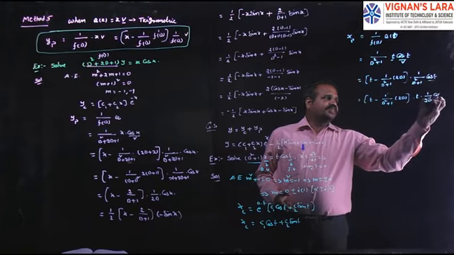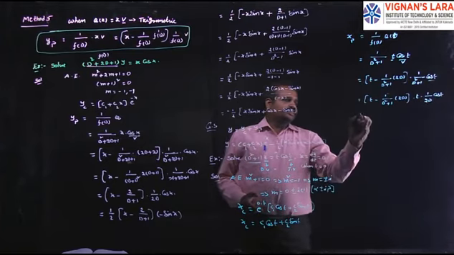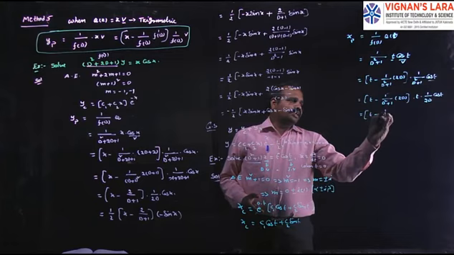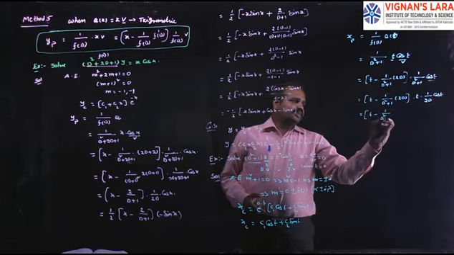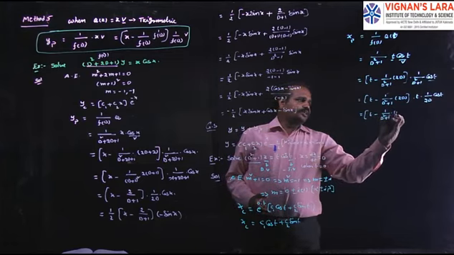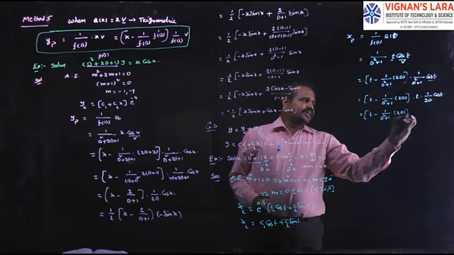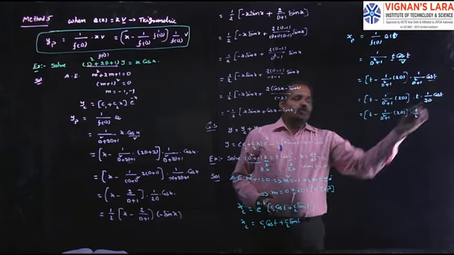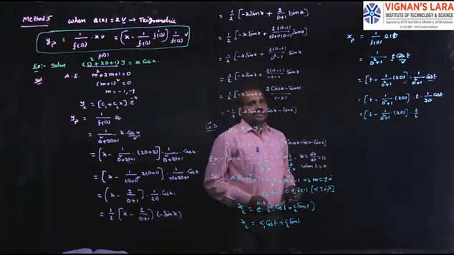So cos t, which is equal to t minus 1 by d square plus 1 into 2d into t by 2, 1 by d. 1 by d stands for integration.